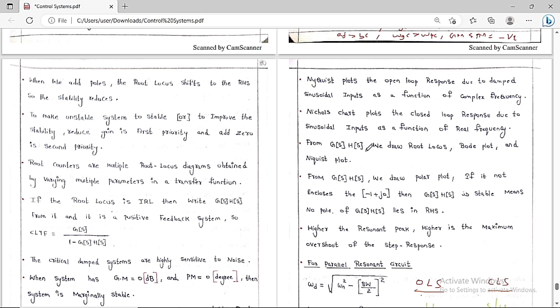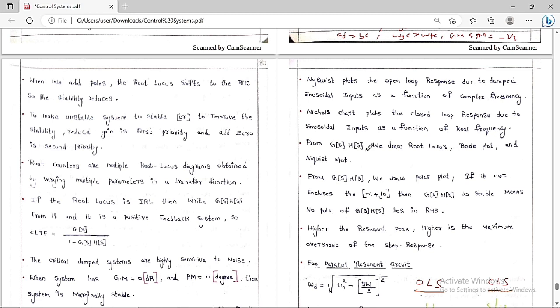And also, we can say that the Bode plot, polar plot, and the Nyquist plot do the analysis for the open loop systems, whereas the Nichols chart does the analysis for the closed loop system. So finally, I can say the Bode plot, polar plot, and the Nichols chart are used only for the real frequency, whereas the Nyquist plot uses the complex frequency.